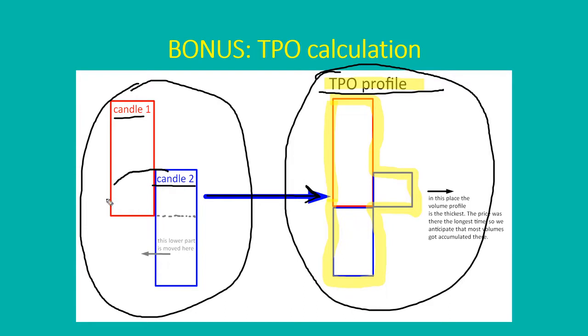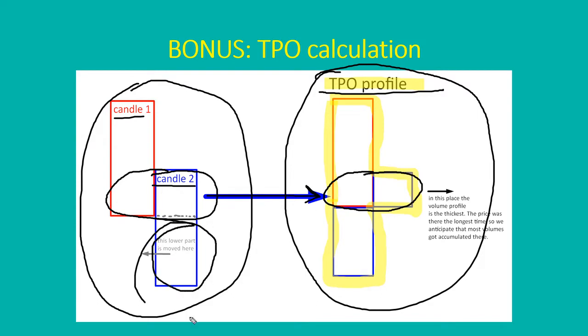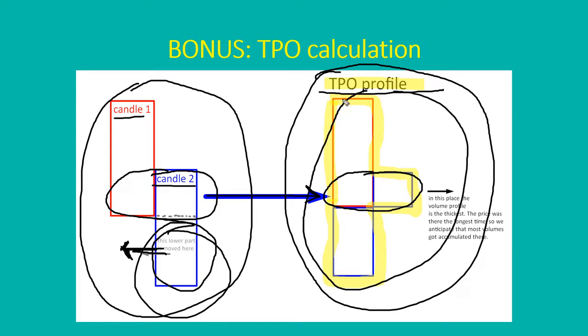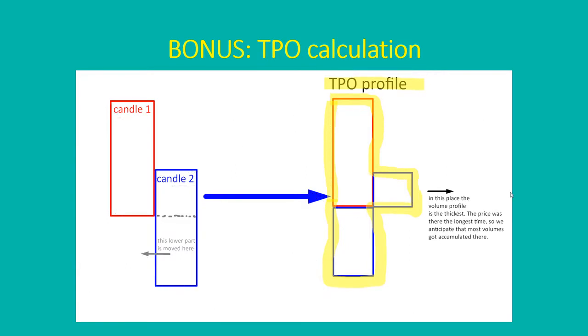And at this place where the candles overlapped, the TPO is the thickest. Alright, so this part of the lower candle is moved in here, so it looks like this in this picture. Alright, this is how TPO profile is made. That's why you don't need volume data for a TPO profile. It's created simply by using candles.